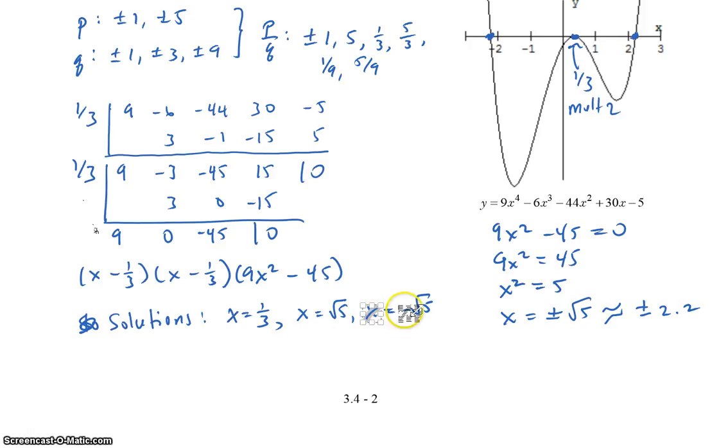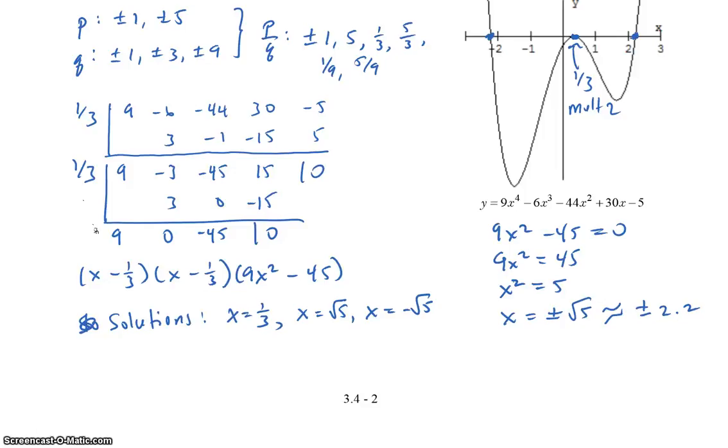So one rational zero with multiplicity 2 and two irrational zeros that are opposites of each other.